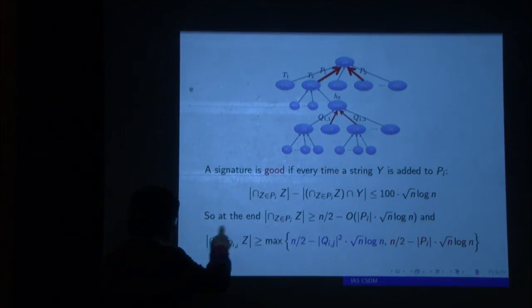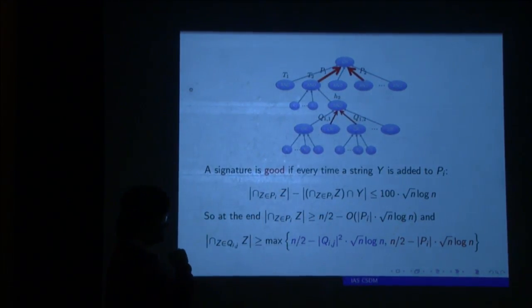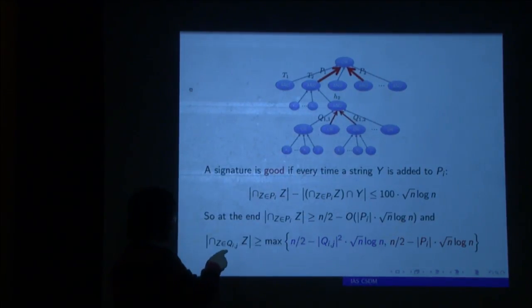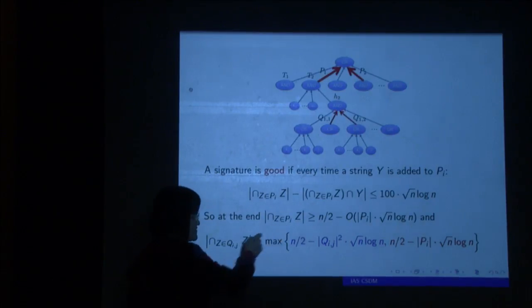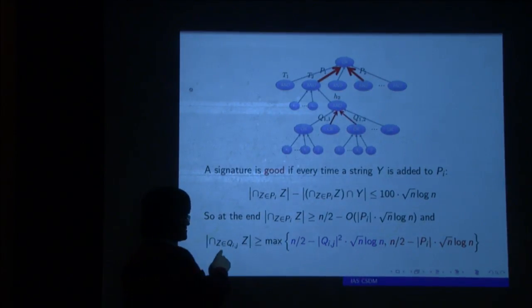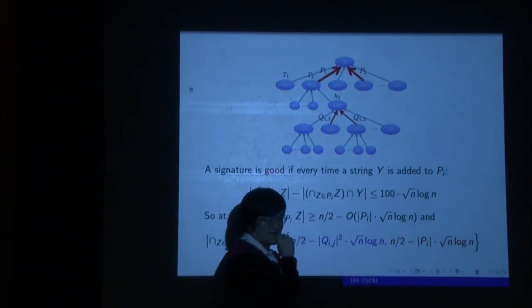Now let's look back to check this quantity that we're interested in. On the one hand, we have this because of the goodness condition on Qij's. On the other hand, this is at least this because Qij is a subset of Pi. So this is also at least half n minus Pi times root n log n.